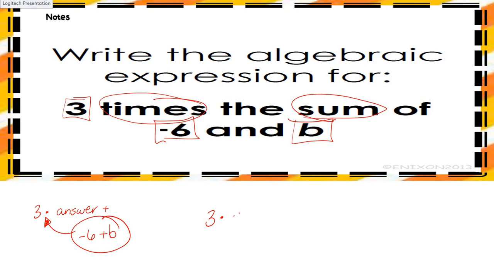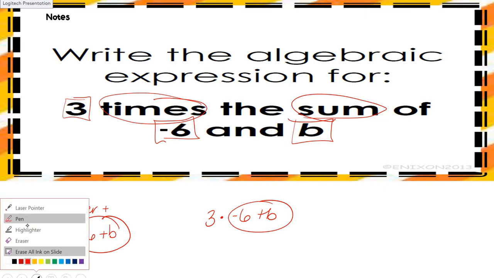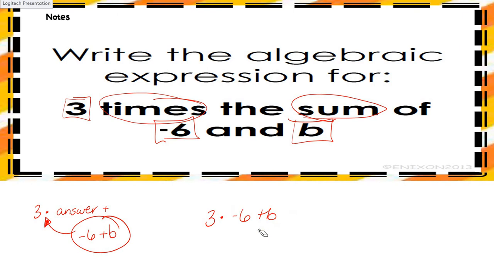Now if I just write negative 6 plus b, that would not make me multiply 3 times the answer to this. Okay? It would actually make me do 3 times the negative 6. So in order to make sure that I do that addition first, since that's not the case with PEMDAS, I would put parentheses around my negative 6 plus b. Now what's going to happen is I'm going to find the answer to this addition problem, and then I'm going to multiply it by 3.